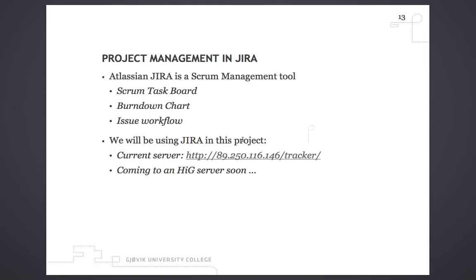So it's dev.imt.hig.no. I will put that information out so you have it, or follow the link on Pronto, then you get the correct place. So that's invalid, but we have a Jira server.